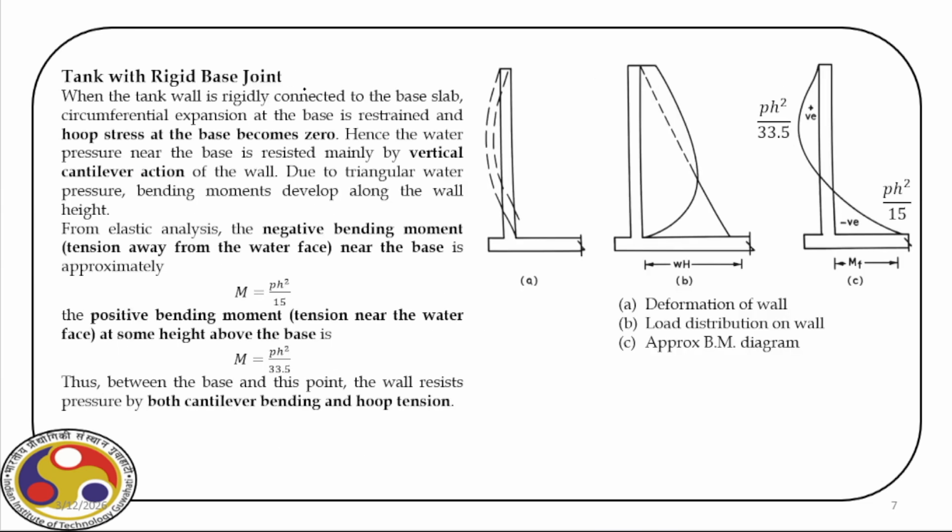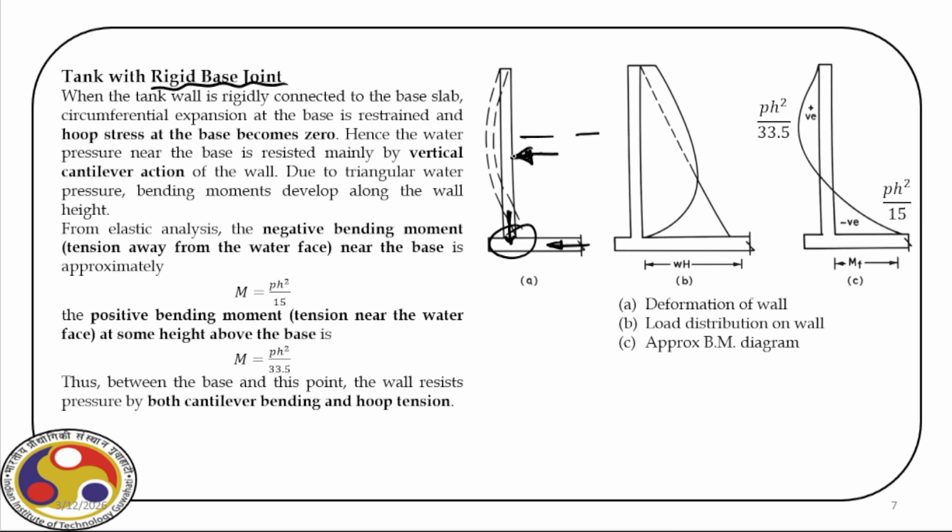Now, when we design this type of tank, we consider the base having a rigid joint here, as you can see. When we have this type of construction where the slab base is monolithically cast and the side walls are there, then if we fill up with water, obviously the water will apply a pressure, and that will cause hoop stress over the walls.